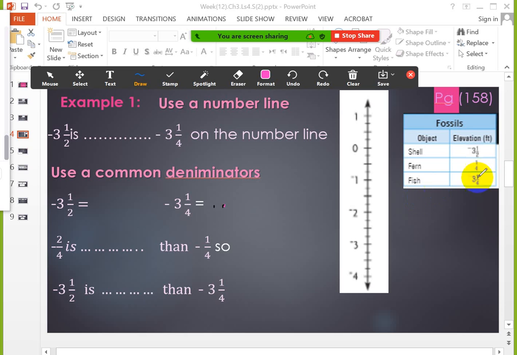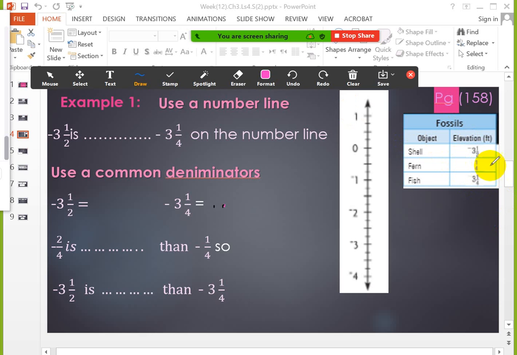Okay, this is an evaluation, and I want to compare between those numbers on the number line, on the vertical number line. Of course, in a vertical number line, as I said, the numbers down will be negative, and the numbers up will be positive. So the numbers here are negative 3 and 1 over 2, 1 over 4, negative 3 and 1 over 4.